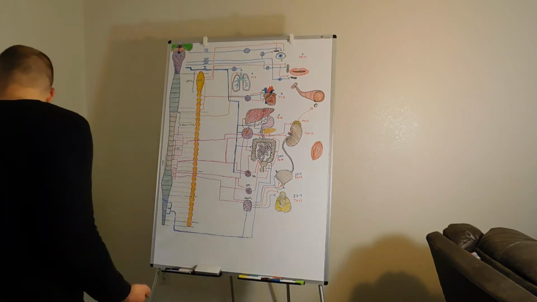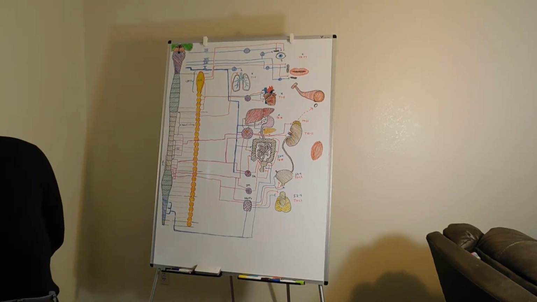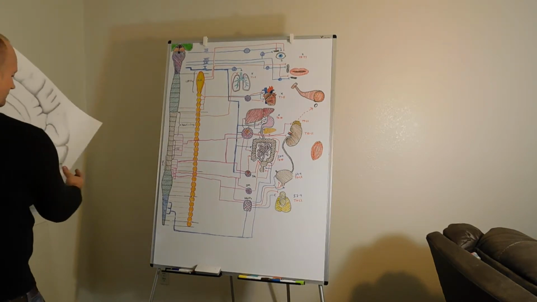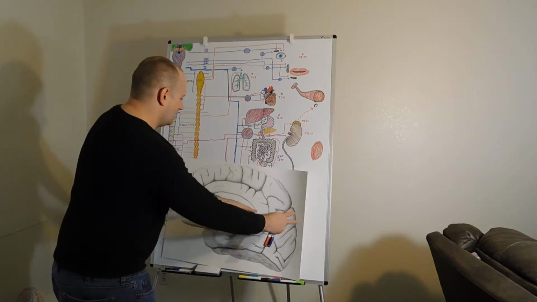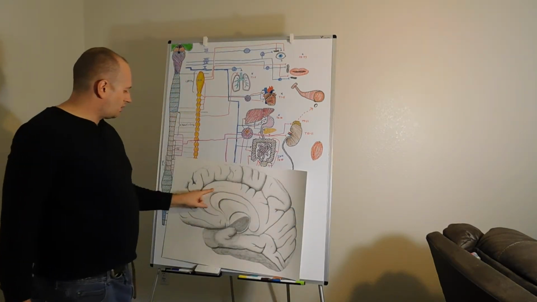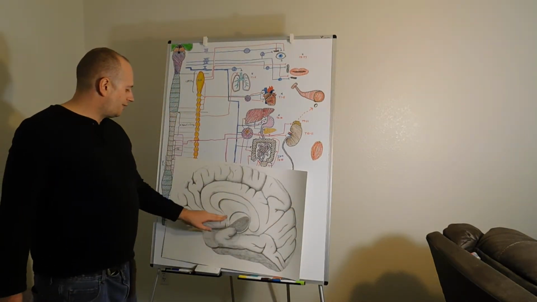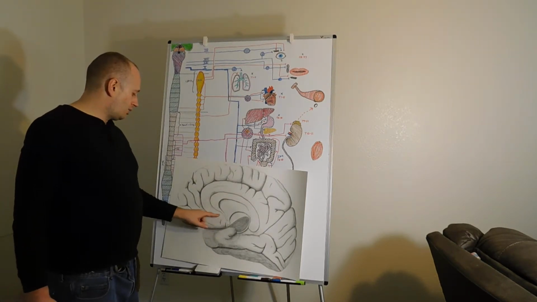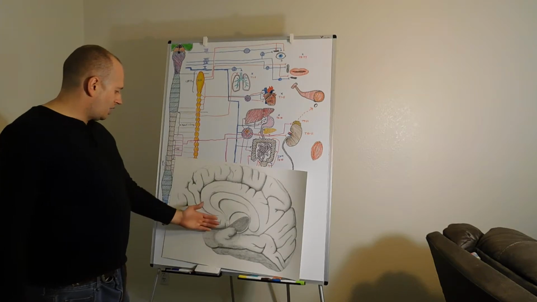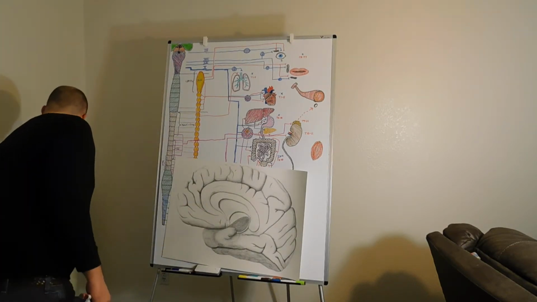Here, I'll just actually show you real quick. This is the anterior cingulate cortex here. Remember Brodmann's 25 is in here. That affects your mood and hunger and stuff. That's right in this area. Your hypothalamus would be down.